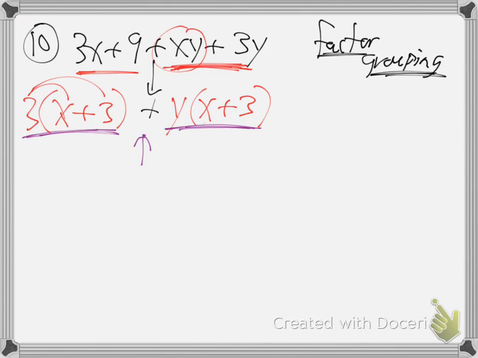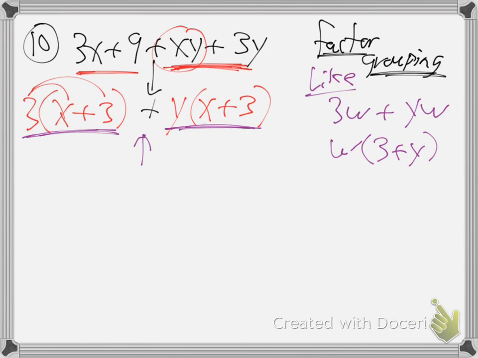So anyway, what do we do now? Okay, great. This term, that term. What do they have in common? X plus 3. They both have an x plus 3. Remember, this is what I said we'd see again. Just to bring your eye into focus, it's like 3w plus yw. What would you do if you had 3w plus yw? You'd say, well, they both got a w. Take it out, 3 plus y, right? Well, same thing here. It's just a bigger thing.